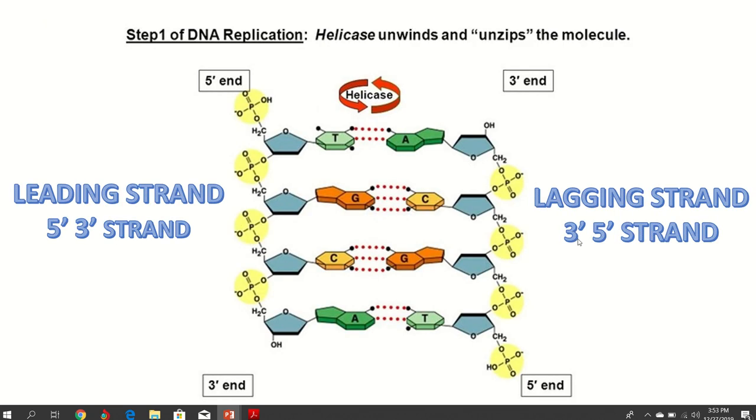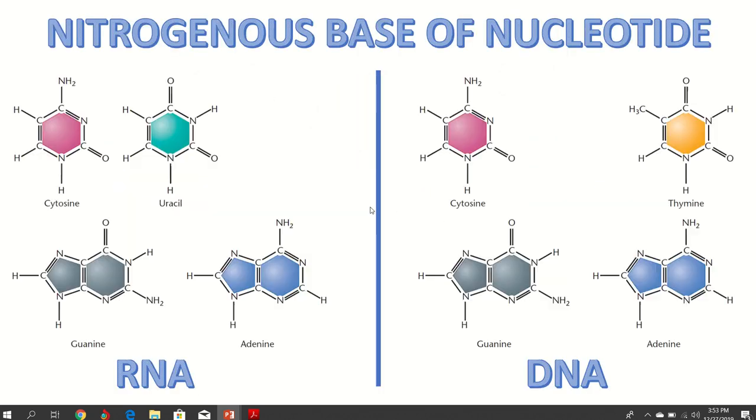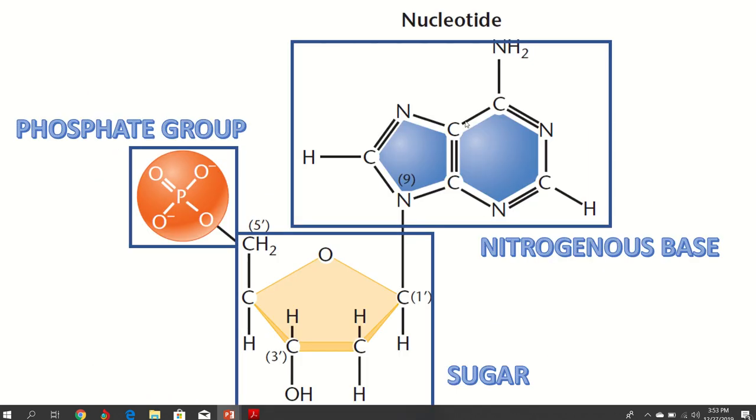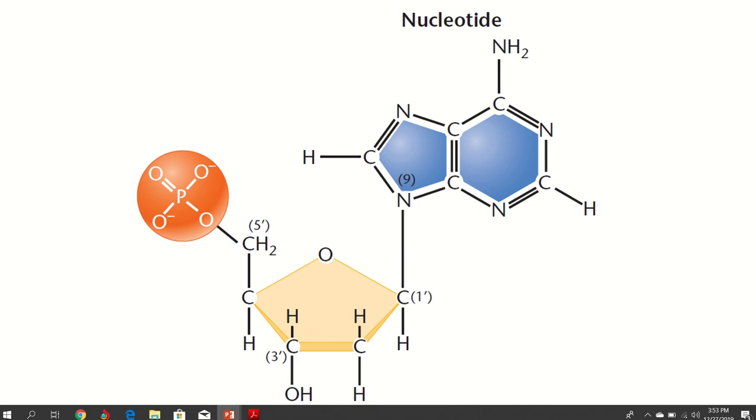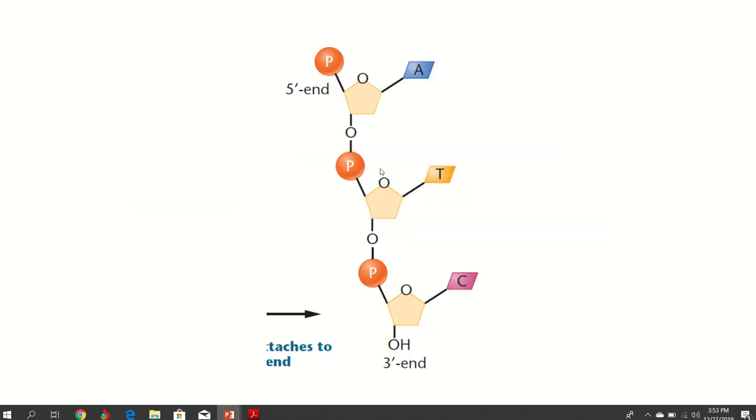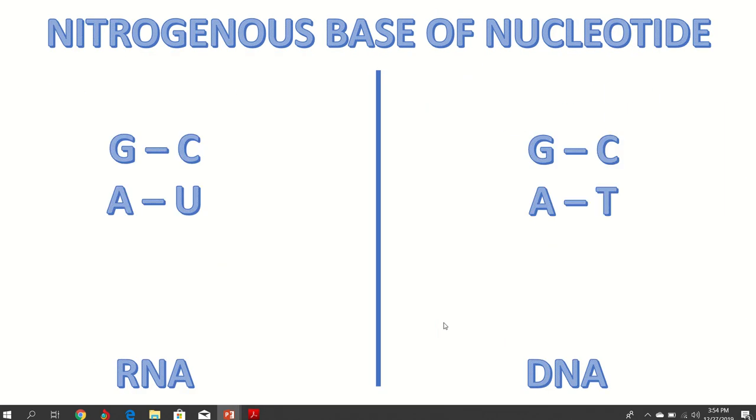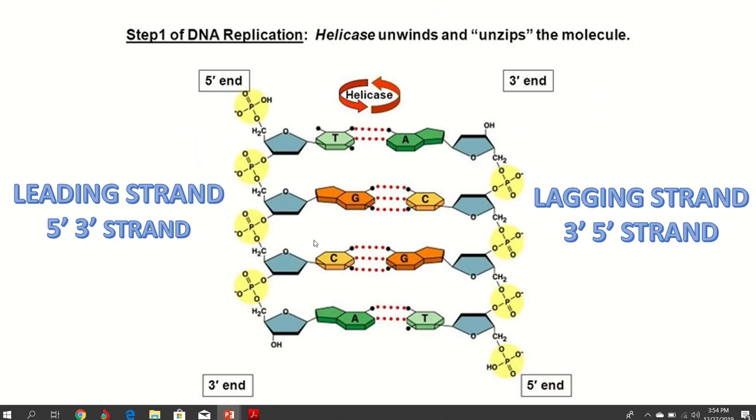Now, since we know the components of the nucleotide, let us create a strand of DNA. When you combine different nucleotides, you can form a single strand, and we have here two strands.